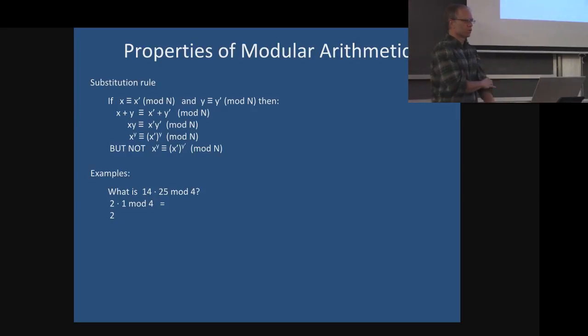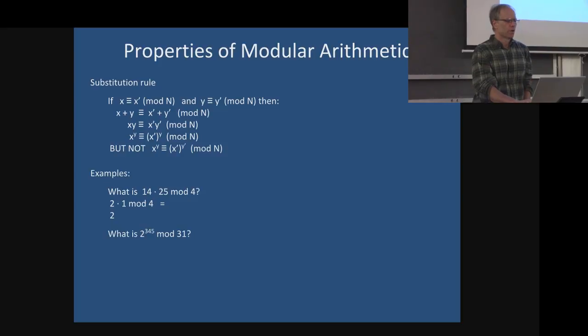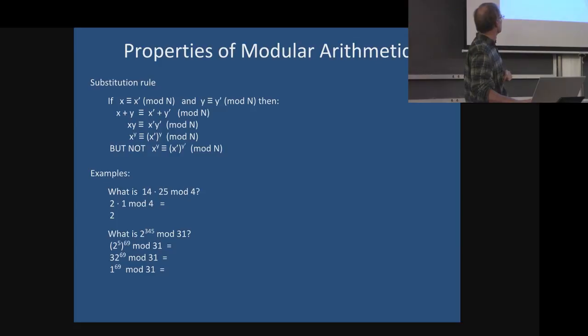So you can replace equals with equals. It's just that the notion of equals here is different than in usual arithmetic. We saw that one, 2 to the 345 mod 31. I can group it like that, and then I can replace that with anything that's congruent to it mod 31. In particular, 1 is congruent to it. So the whole answer is 1.